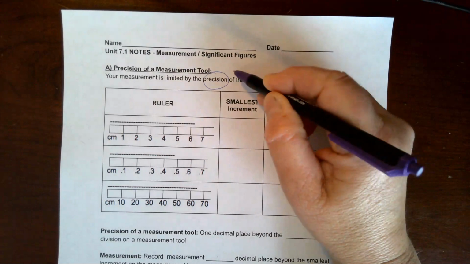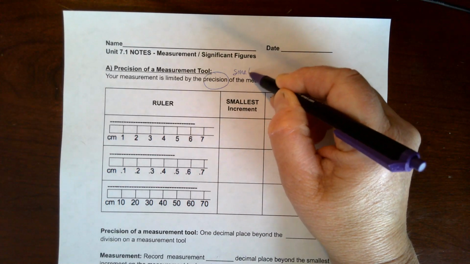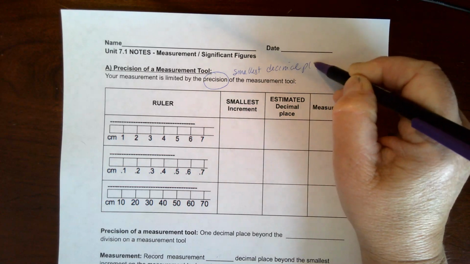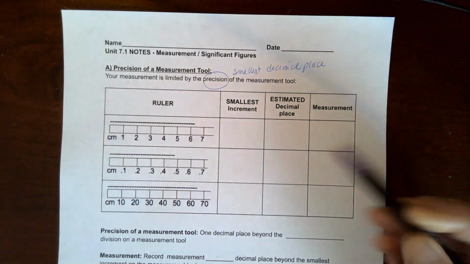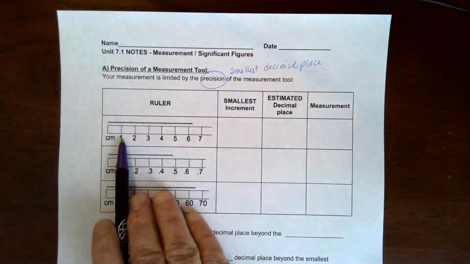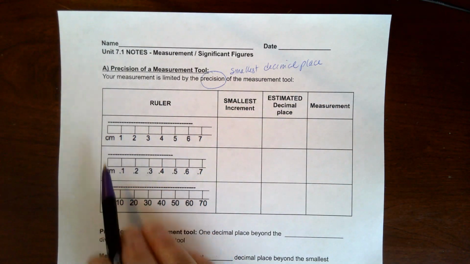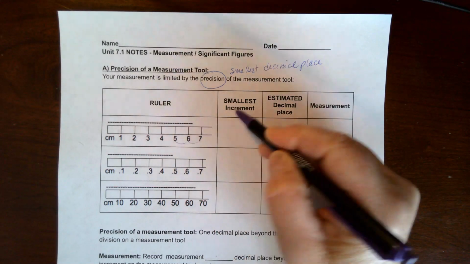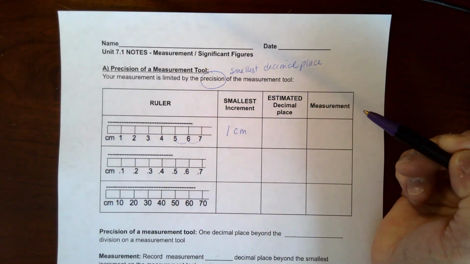First of all, precision is basically the smallest decimal place that we can read to. So let's take a look and see what this might mean. So here we have a centimeter ruler, and the smallest increment here is 1 centimeter.